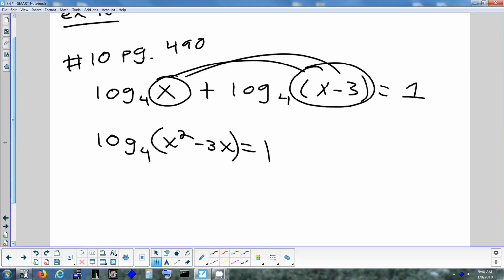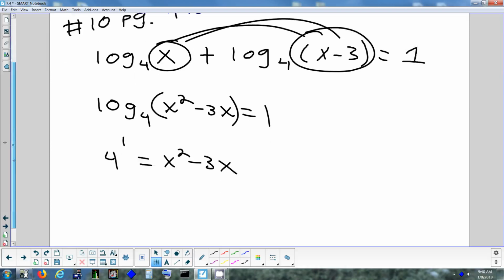Any question on that part? Now rewrite it. 4 is your base, 1 is your exponent, and x squared minus 3x goes on the other side.